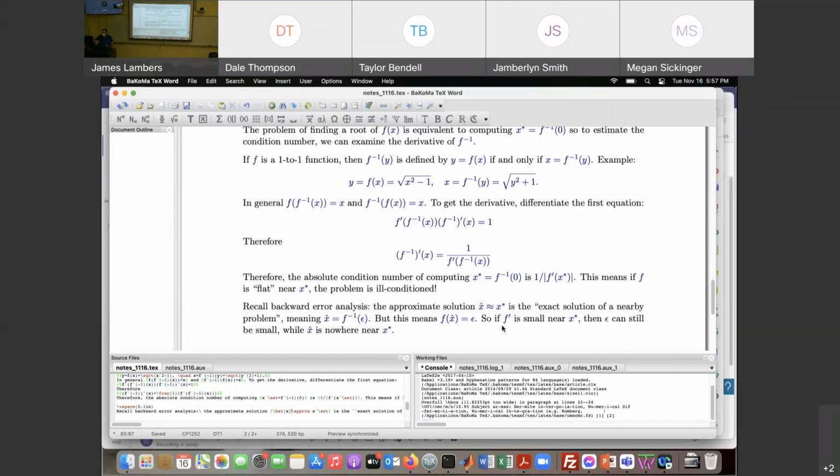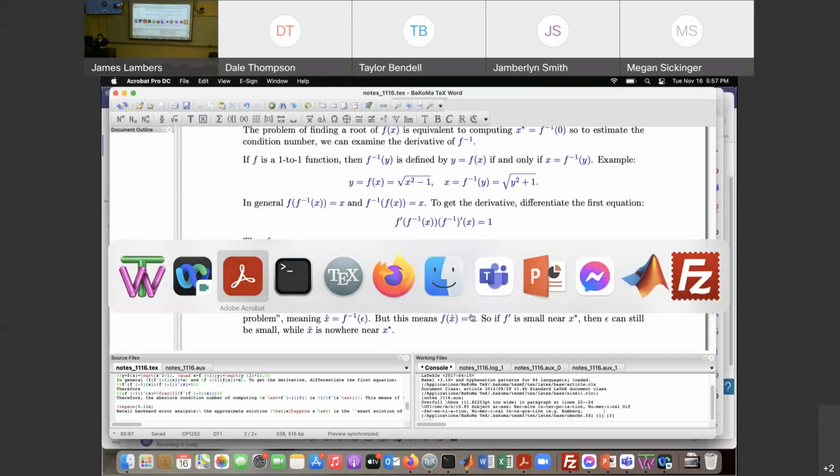So what that means is x hat could be the value of f inverse at a point that's near 0, but x hat is nowhere near the root. So I have some graphs that will illustrate what I mean for well-conditioned and ill-conditioned cases.